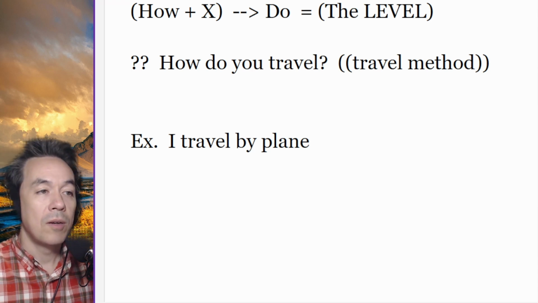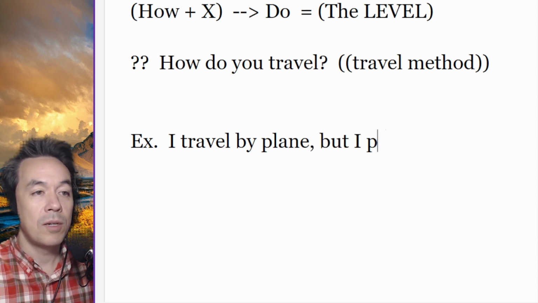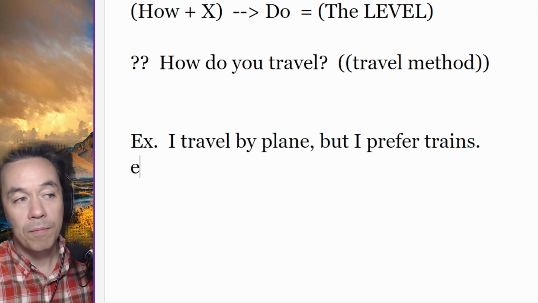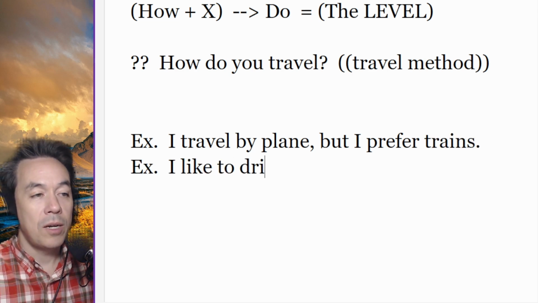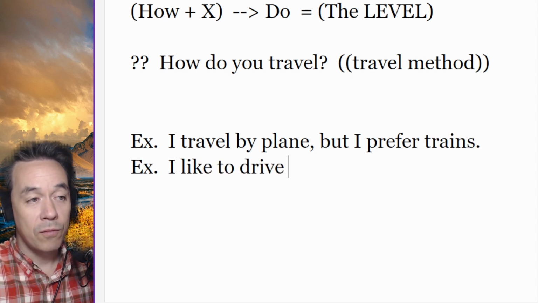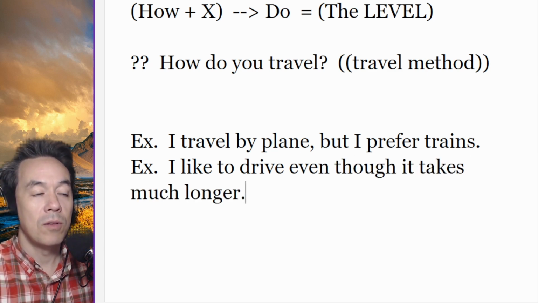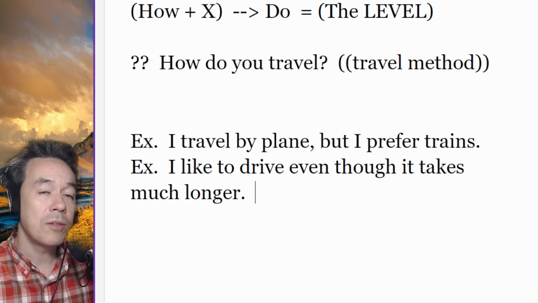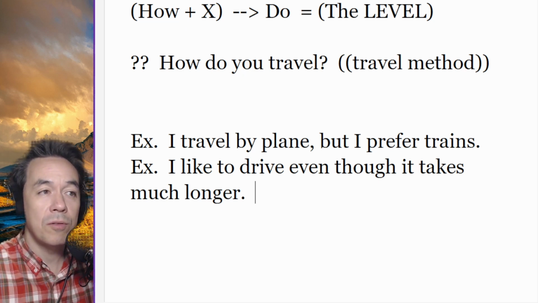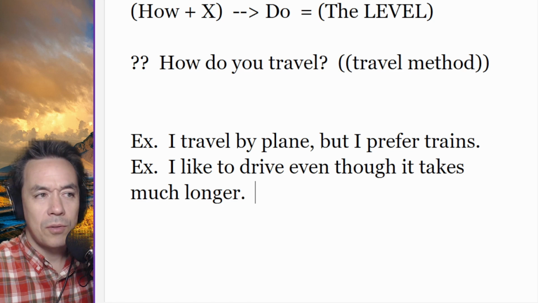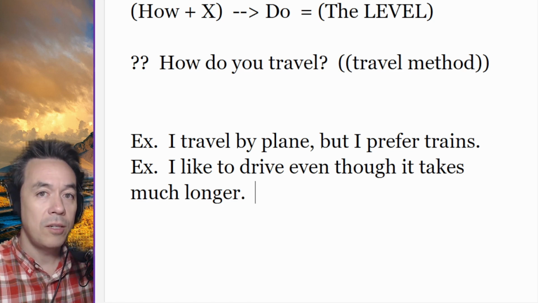But I prefer trains. I like to drive, even though it takes much longer. So yeah, the three examples there show you that it's pretty tough to quickly hear one time which it is. But you have to practice.